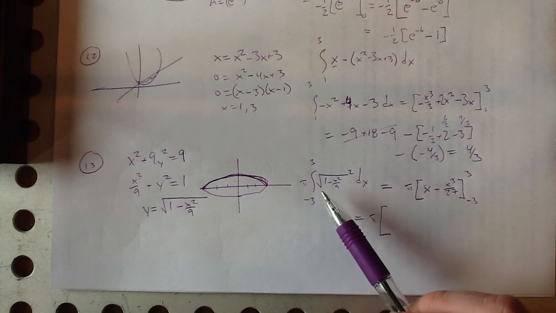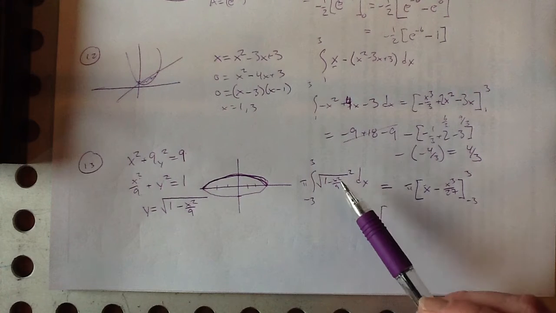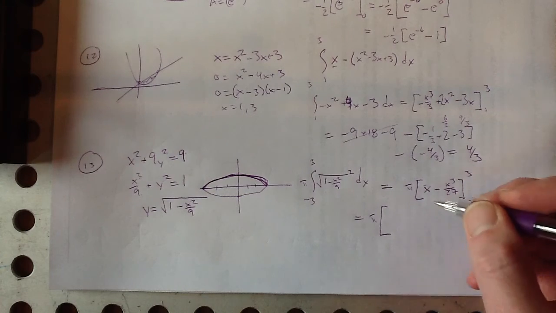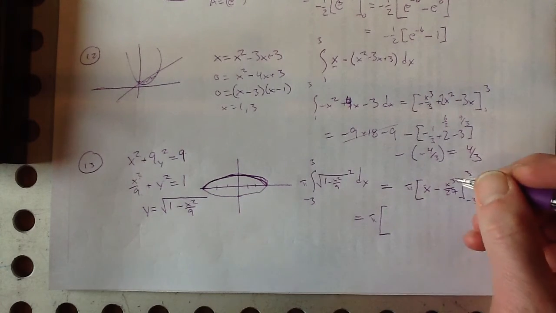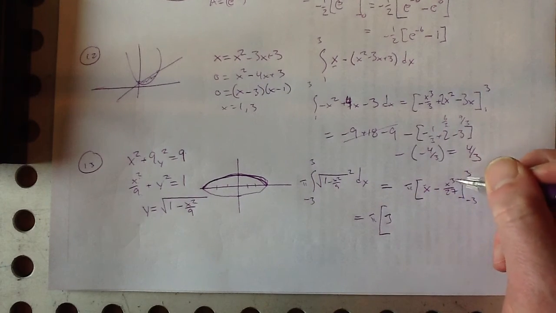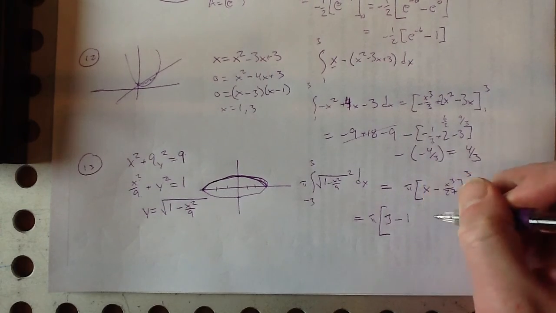Let me see what I did wrong here. Oh no, sorry, it doesn't give me 0. That part gives me 0. Gives me 1, right? Sorry. So that's 3 minus 3 cubed is 27 over 27 is 1. There we go.